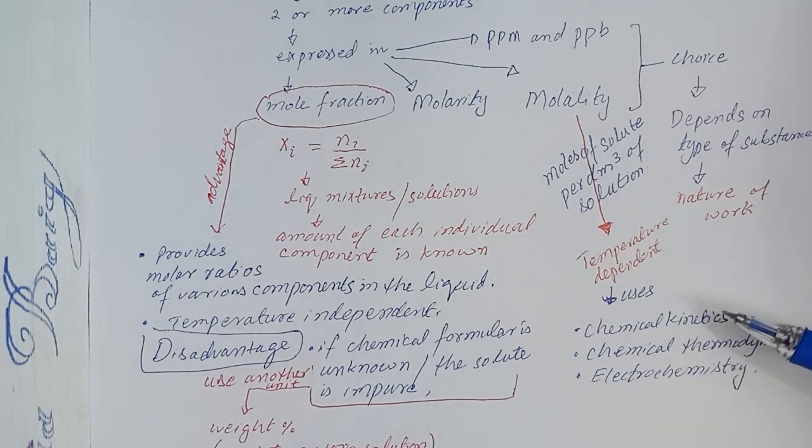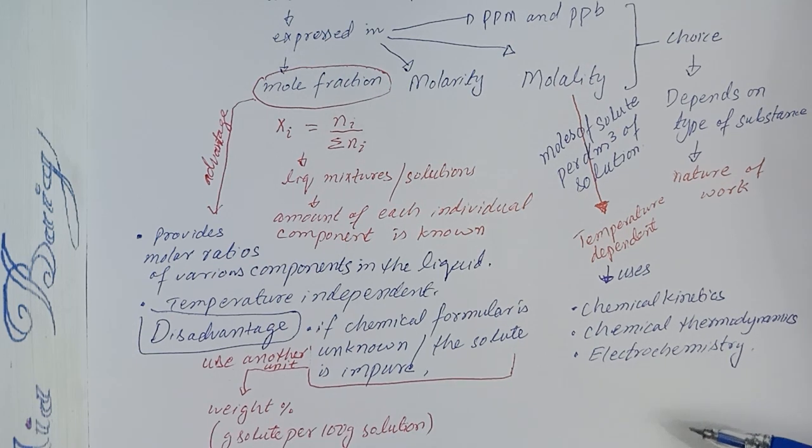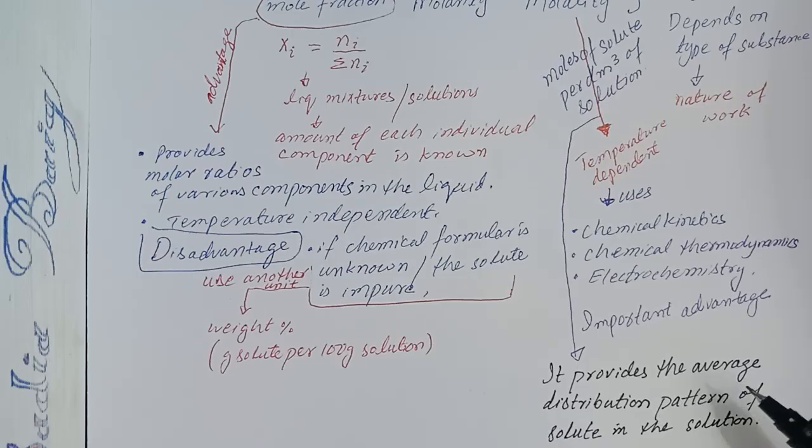As this concentration unit is used in most applications of chemistry, what is the advantage of molarity? An important advantage of molarity is that it provides the average distribution pattern of solute in the solution.